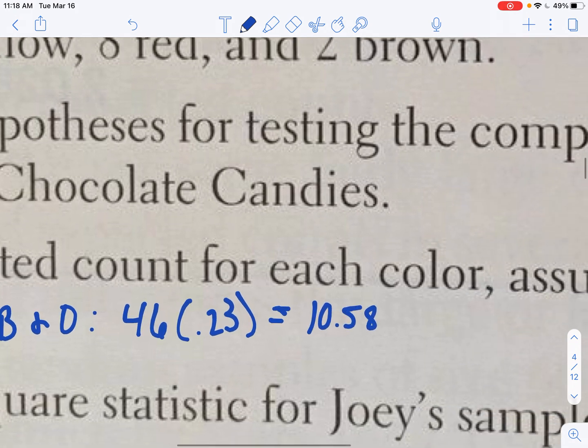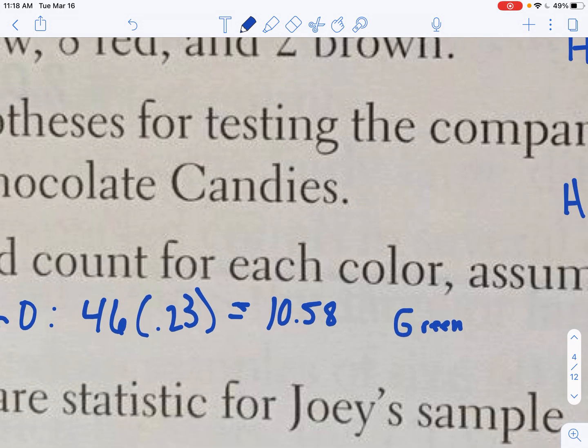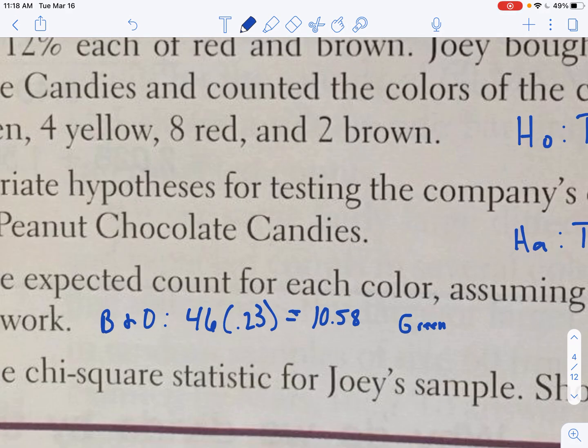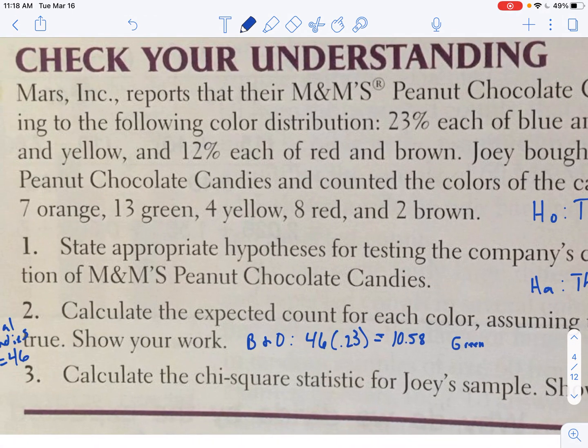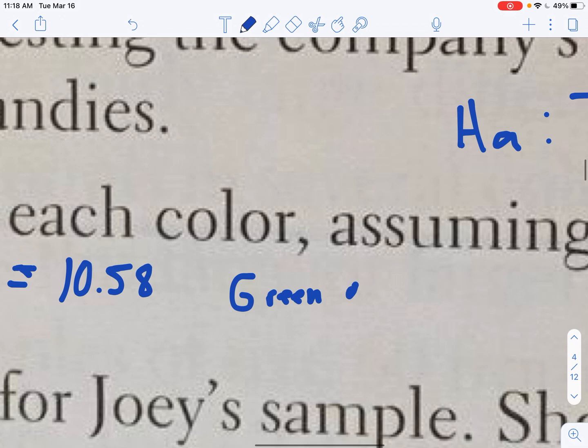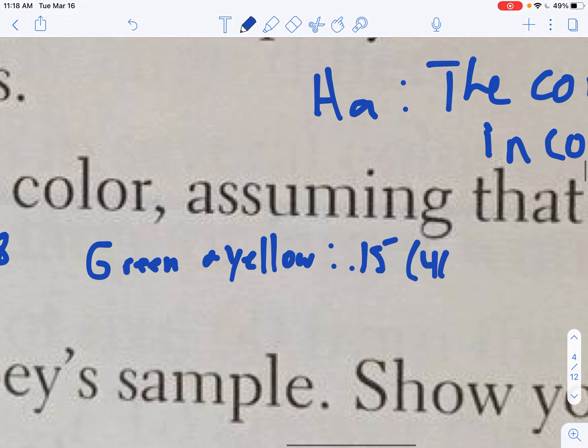When we look at green and yellow, we're going to be doing 0.15 times 46, and this is equal to 6.9.